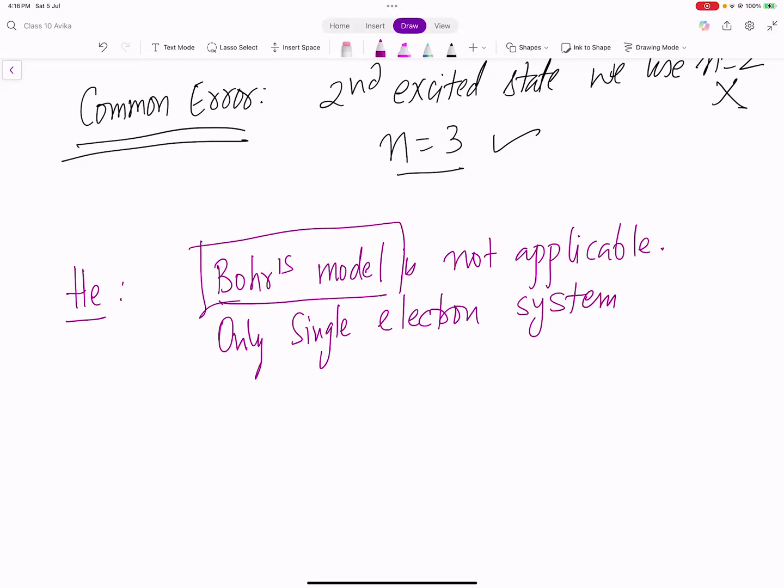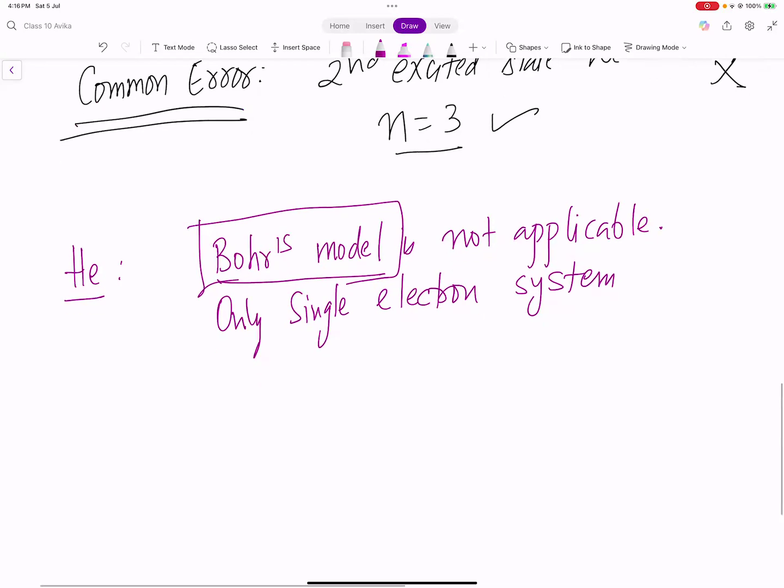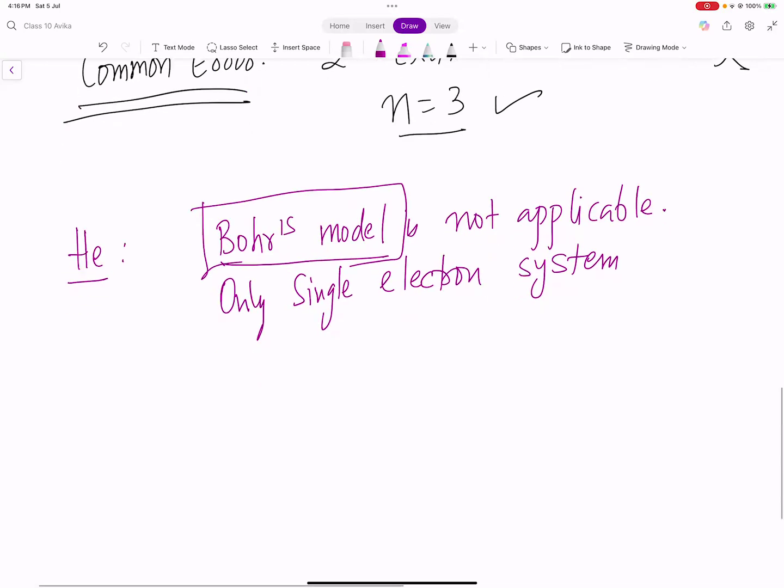That's what Bohr's model can do, right? So helium we cannot do. Helium plus we can do. Here only one electron, because we have knocked out one electron, so Bohr's model is applicable.